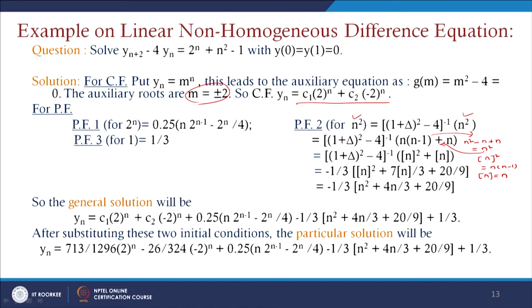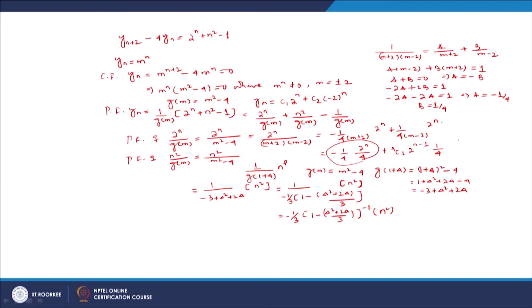So, we can write this as bracketed n square plus bracketed n here. And we have already taken common minus 1 by 3 times 1 minus (delta square plus 2 delta by 3) whole inverse. So, it is now converted to factorial n square plus factorial n here.